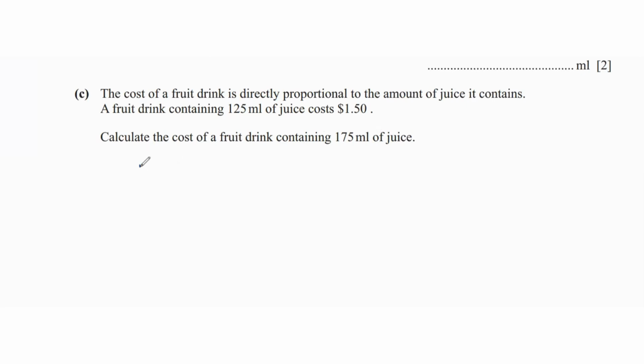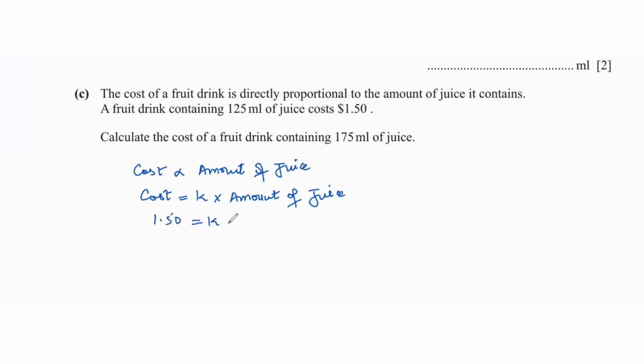So your cost is directly proportional to your amount of juice, which means cost equals K times amount of juice. K is your proportionality constant, which is replacing your proportionality sign. So cost is 1.50, K is unknown, and amount is 125.